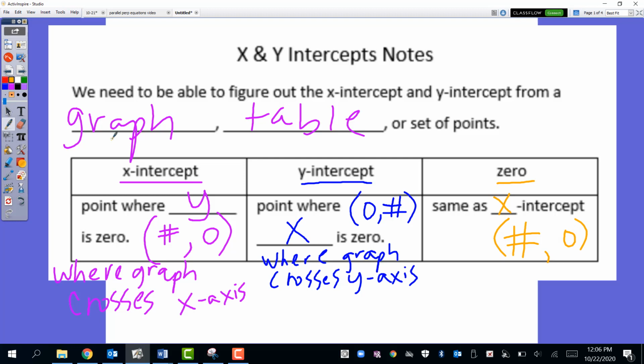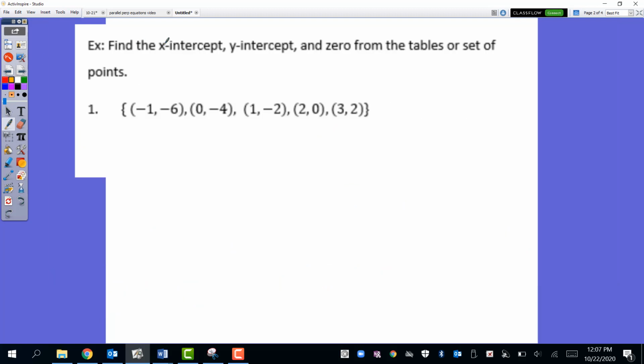So let's do some examples. In all of these examples, we're supposed to be finding the x-intercept, y-intercept, and the zero. We're going to do the x-intercept first. Again, for the x-intercept, I'm looking for y to be 0. So what am I looking for? Number, comma, 0.